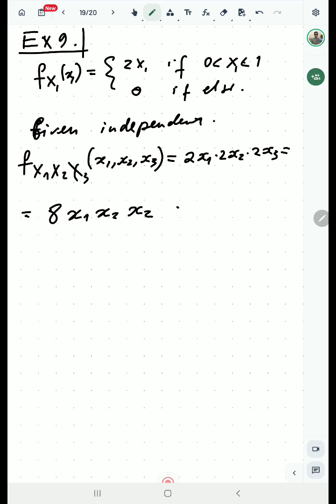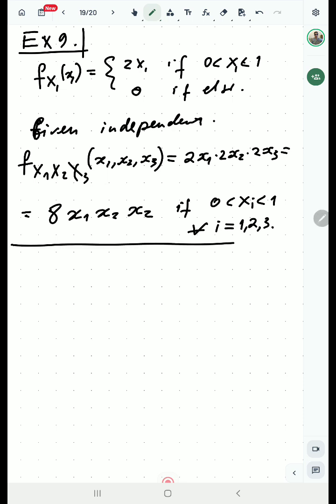And here I have to say that this holds if xi is between 0 and 1 for all i equal to 1, 2, and 3. So all of x1, x2, and x3 should be within the 0-1 interval.